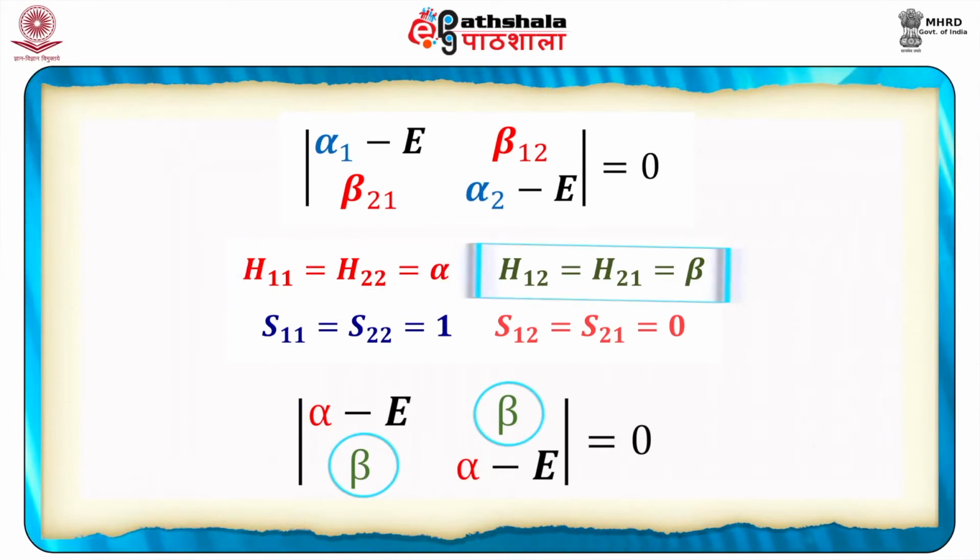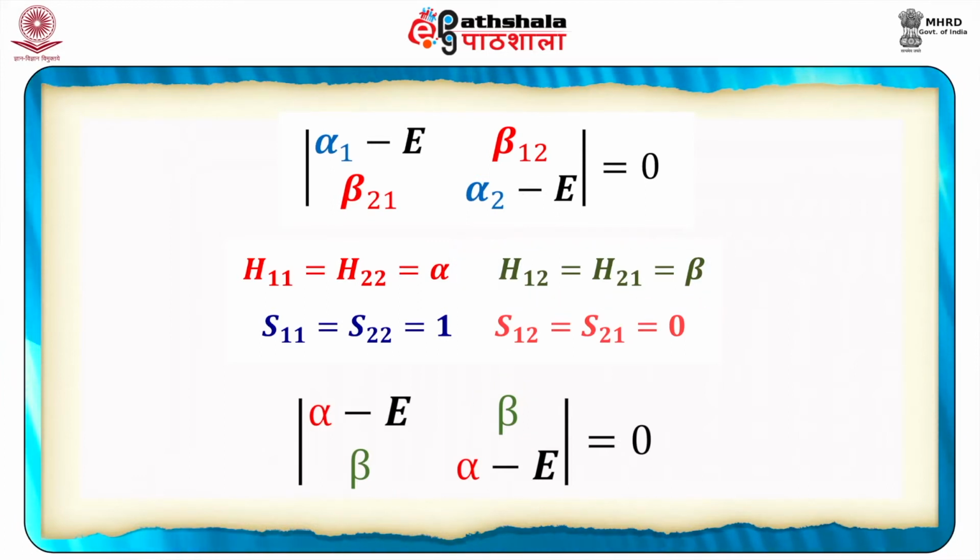And beta is the resonance integral, which, as you can see here, for carbon atoms which are directly connected has the value of beta, and for those carbon atoms which are not directly connected, it is assumed to be 0. Now the whole problem in HMO basically reduces to solving this secular determinant.